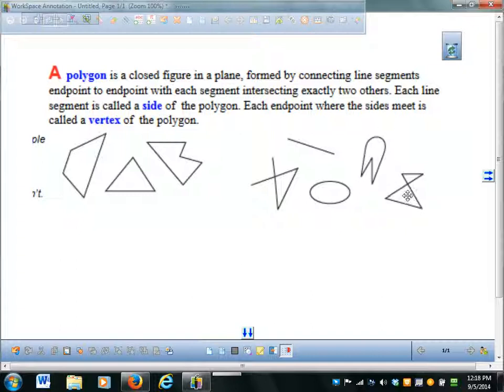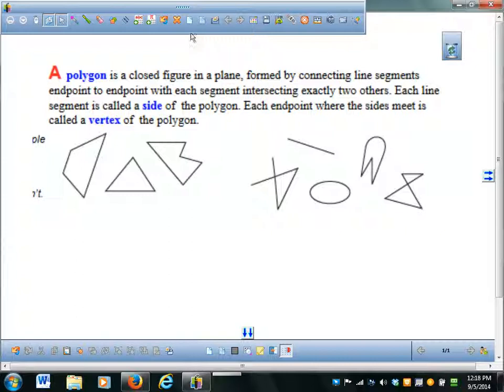This could not be a polygon because it intersects in the middle, okay? And each endpoint where the sides meet is called a vertex, right? So that's what a polygon is, and then we're going to talk about some terms with polygons. Is that enough to look at? Do you want to write it down? You don't have to. Okay.